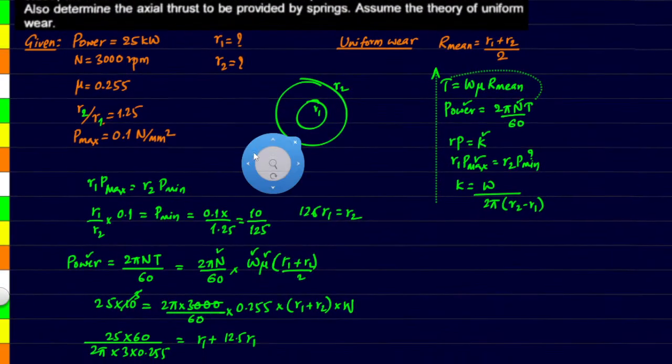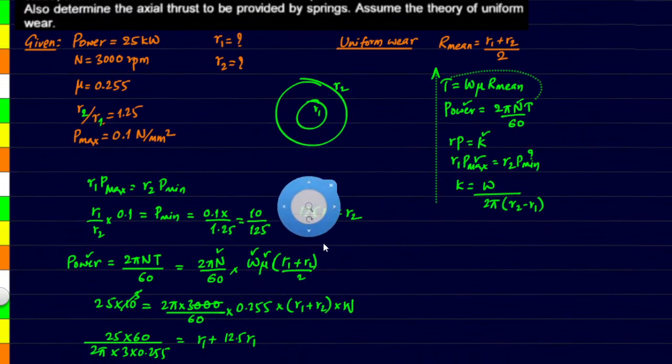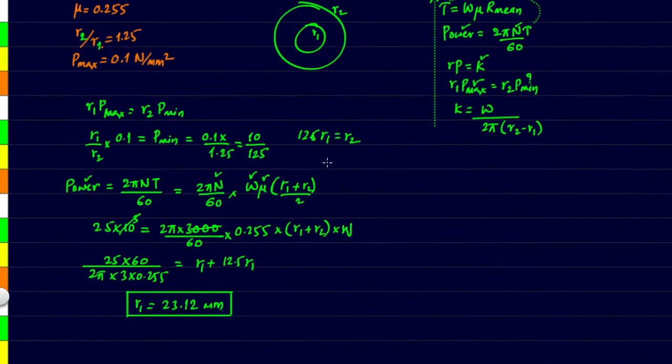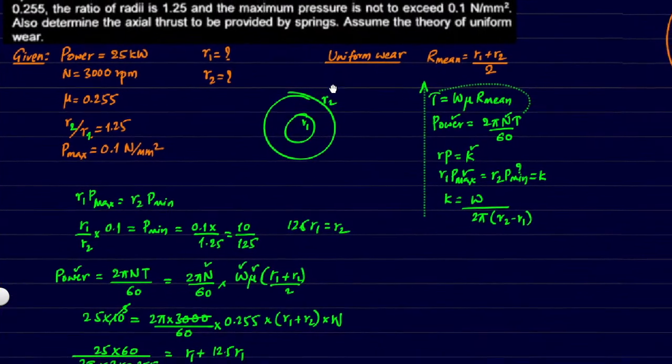We are getting stuck here somewhere. This is equal to the constant k, whose value is W by this. How to get the value of k stands as the question.